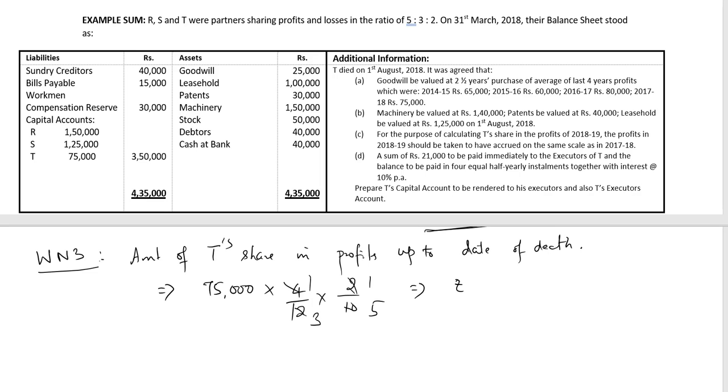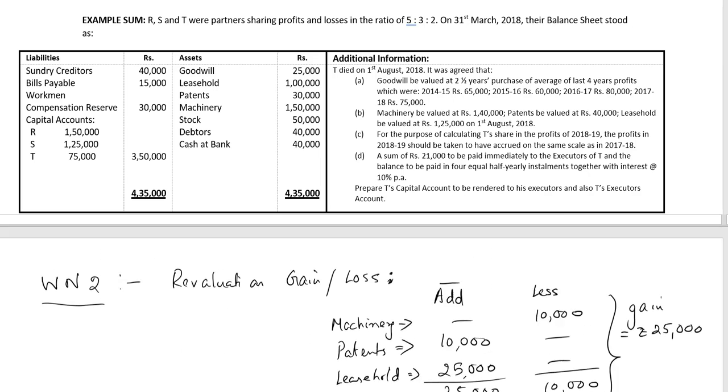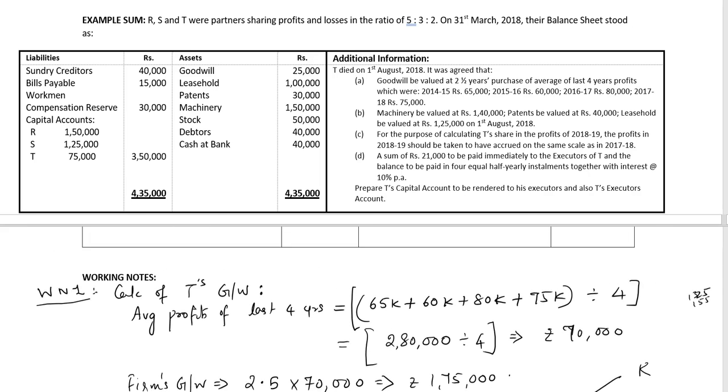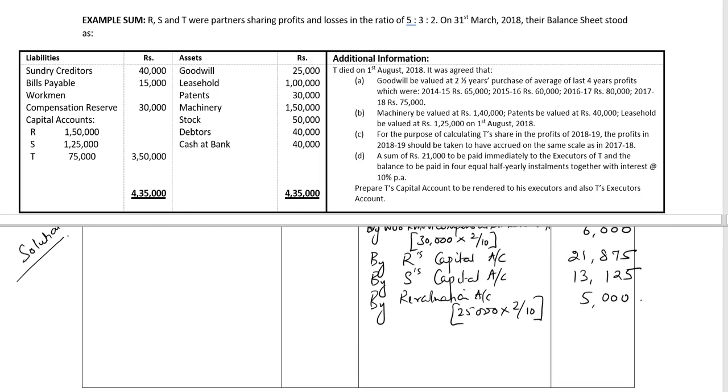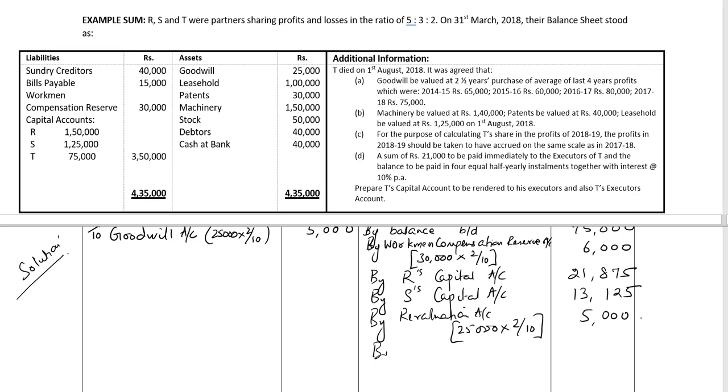Comes up to rupees 5,000. So we'll insert that by profit and loss suspense for the profits, 5,000 rupees.